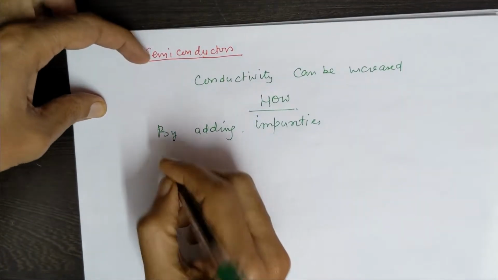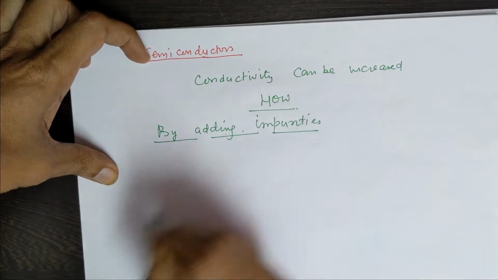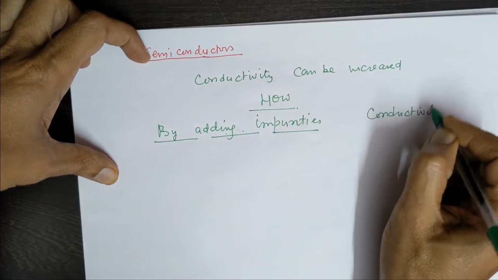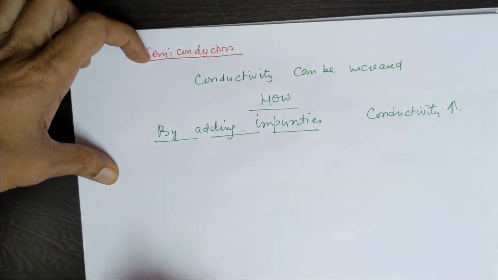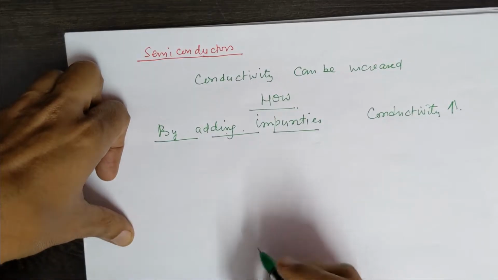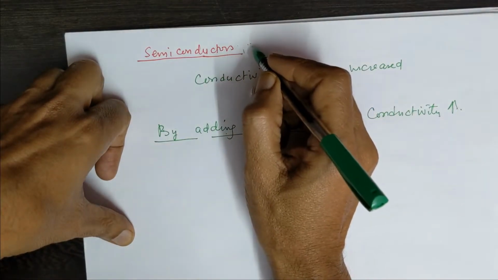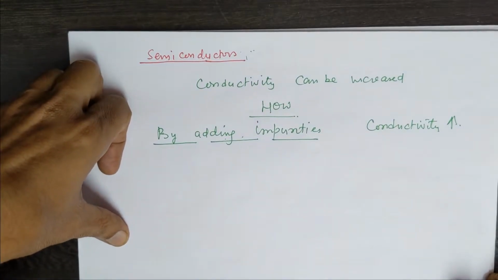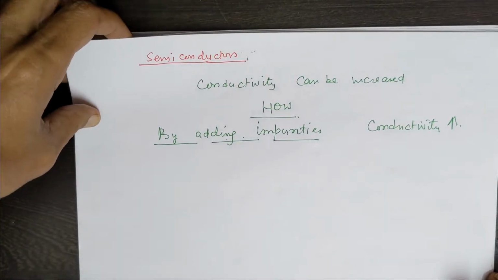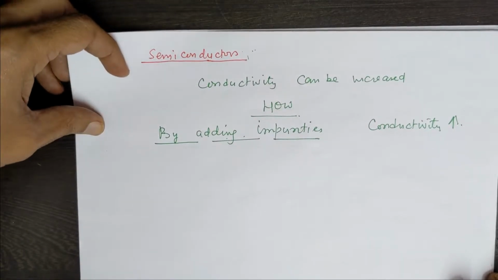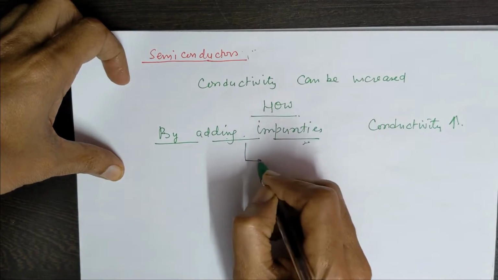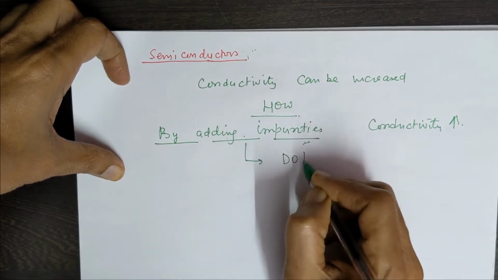If we add impurity to the semiconductors, the conductivity is increased. Because semiconductors have conductivity which is very low, and that is not of any practical use. So to use it practically at a desired level, what we do, we add impurities, and this process is called doping.